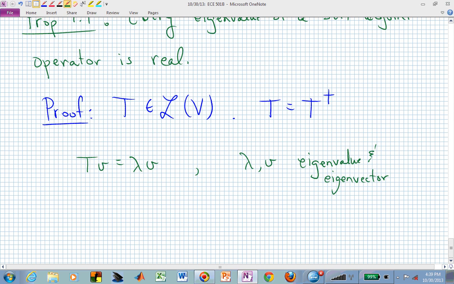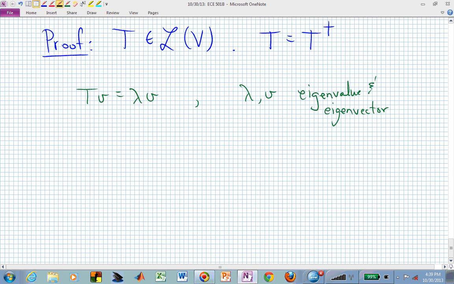Now let's play with some of these terms that we know how to play with. Suppose I say lambda times the norm squared of v. I can rewrite that as, what's the norm squared of v equal to?